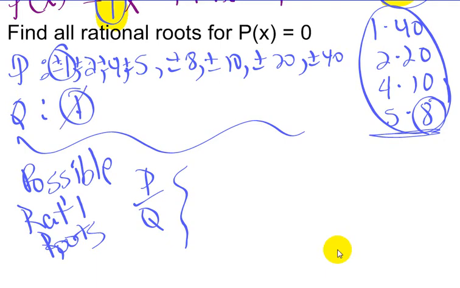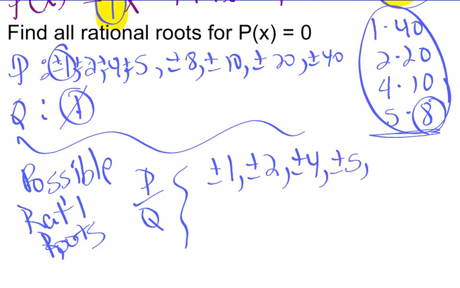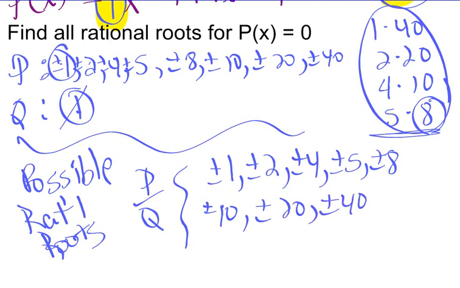All of these over 1 is just going to be the numbers themselves. So all of these are going to be positive, negative 1, positive, negative 2, positive, negative 4, positive, negative 5, positive, negative 8, positive, negative 10, positive, negative 20, and positive, negative 40. So there's all my possibles.